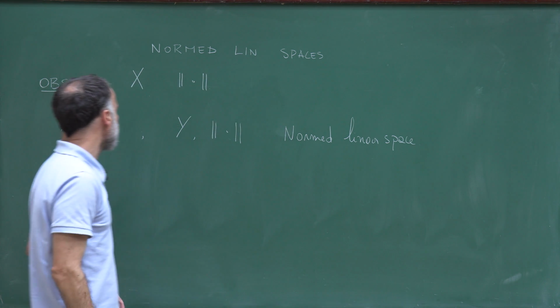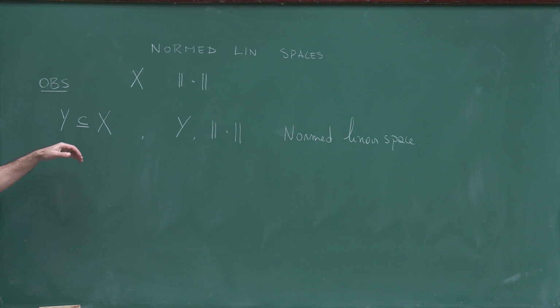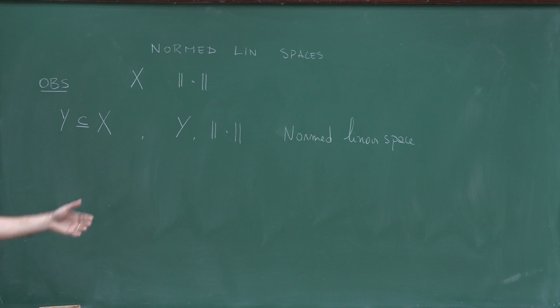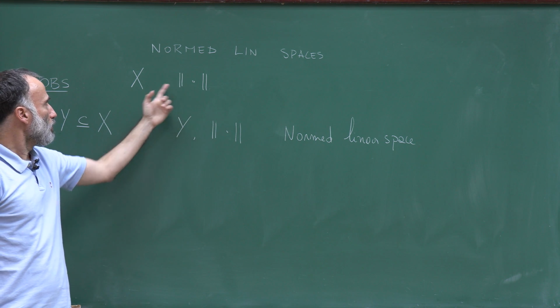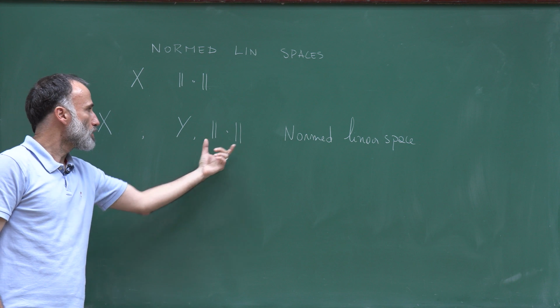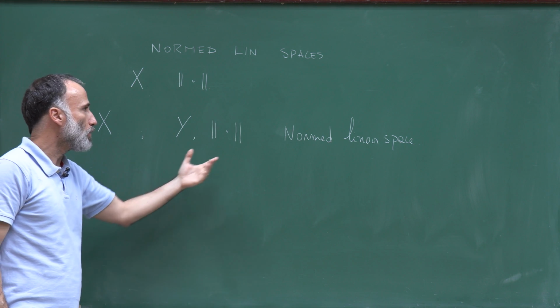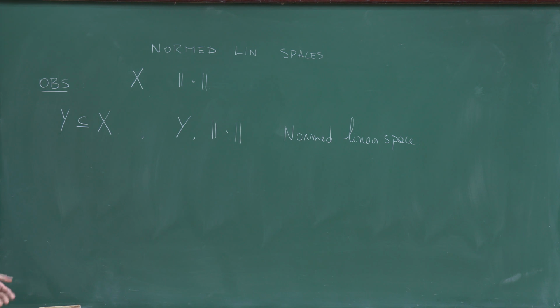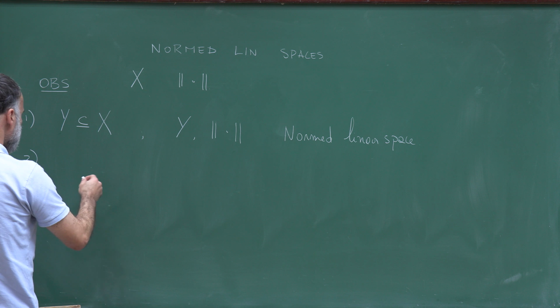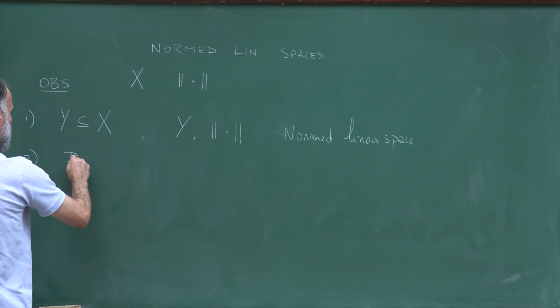And this is clear, right? If you have Y a linear subspace of a normed linear space X, then you just use the norm defined on X in Y to obtain a new normed linear space. So this is clear.